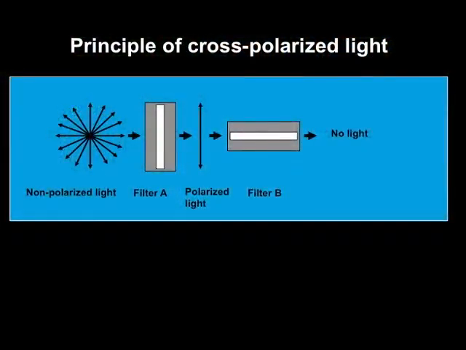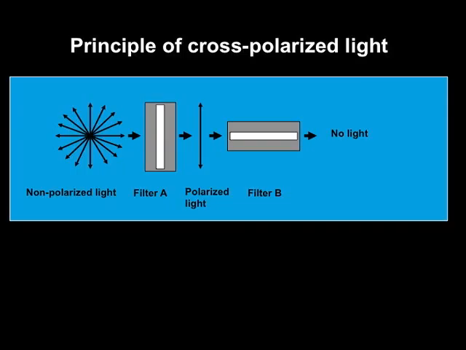Again, you don't have to use the liquid interface and you don't have to touch the skin, and there are advantages to that. The way polarized dermoscopy works is as follows. A non-polarized light goes through a polarizing filter, so now you have polarized light. If your cross-polarized filter, the second filter, is not parallel to the light, then the light will not pass through that second filter and you see nothing.